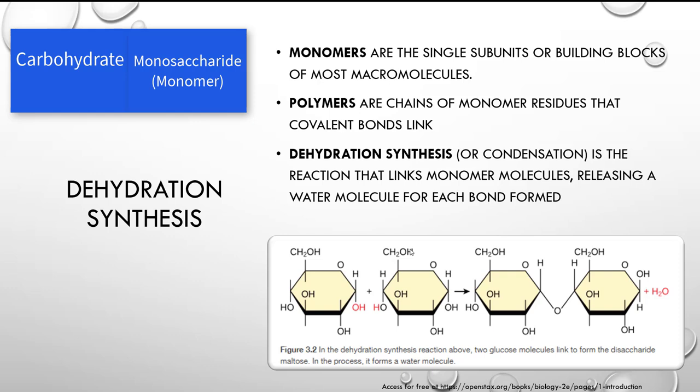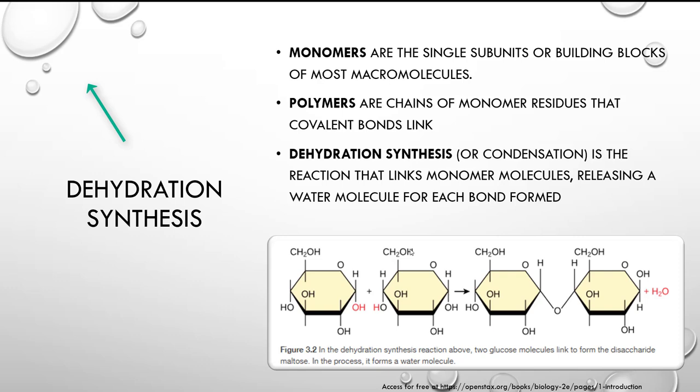And if we have multiple monosaccharides linked together, they form a polysaccharide. Polysaccharides are the polymers, which are the carbohydrates. So monomers are the single subunits of the polymers, and polymers would be the chain of monomers. And what links them together are covalent bonds.